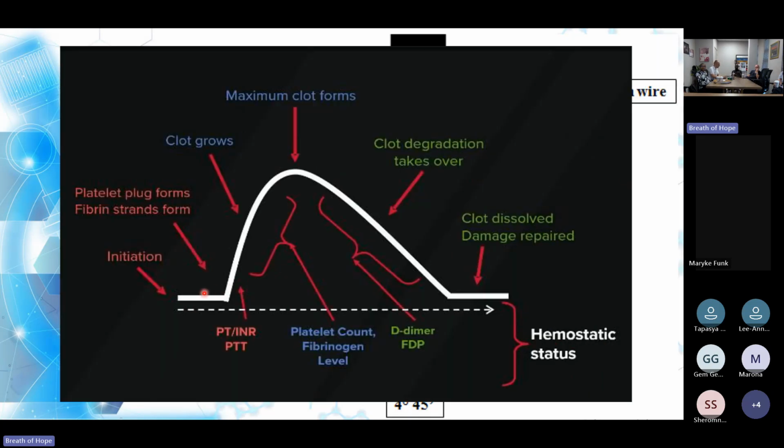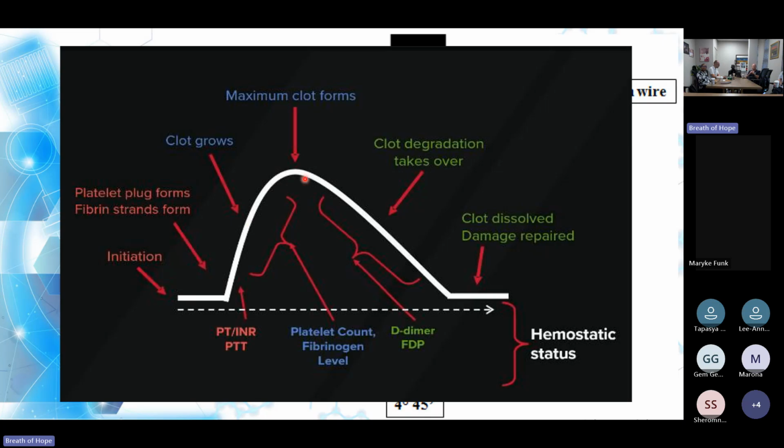As that pin spins in the cup, it will gradually get resistance and slow down as the clot forms, and then the instrument will generate a trace, measuring how much resistance the pin is encountering. Initially you don't have any clot because you have to go through the initiation of the clotting cascade.